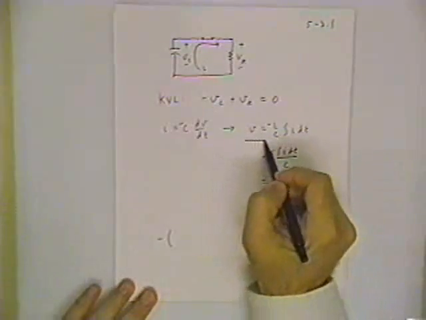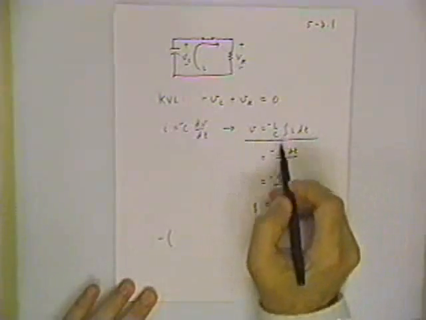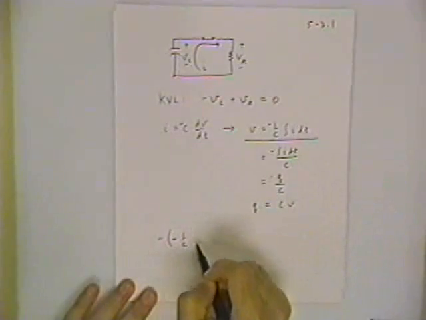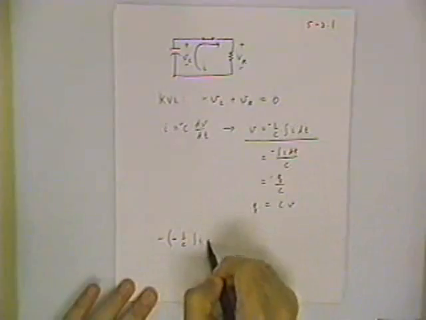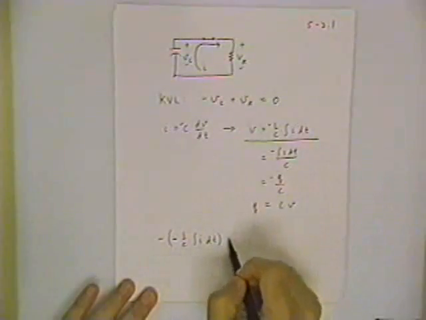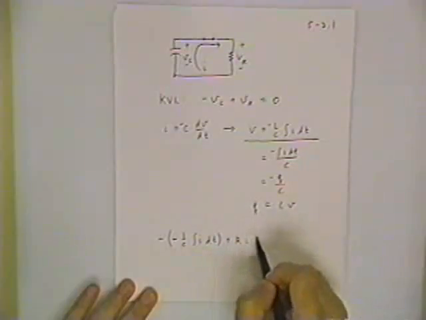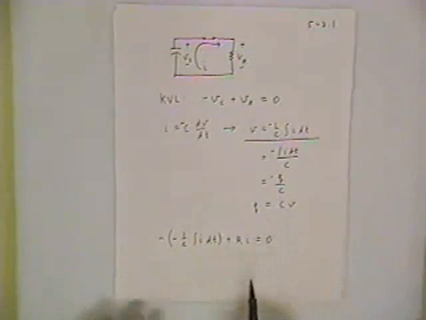And so for purposes of substituting into our equation, this is what I need for the voltage expression for the capacitor, and there's the crucial minus sign. For the resistor, it's much easier, just Ohm's law, V sub R equals R times I.